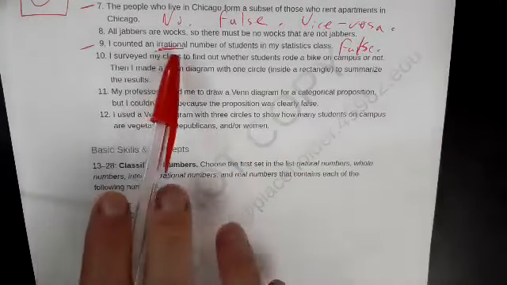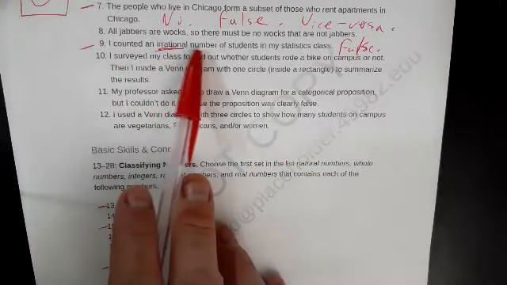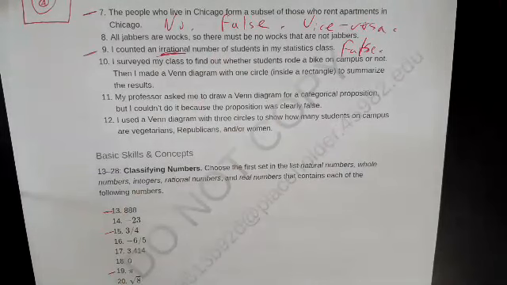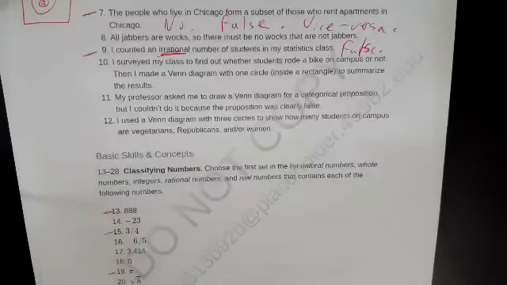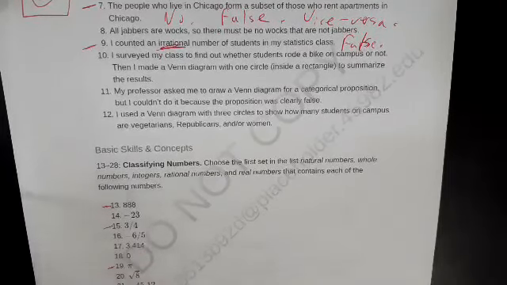So irrational is referring to what sort of number this is. It's not referring to the students, it's referring to the number set. I talked briefly about that, but irrational numbers are numbers with decimals that don't terminate, things like pi and root 2, or pretty much the square root of any prime number.